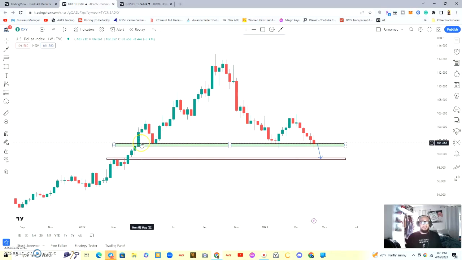So right now the dollar is at a tight support, and we have 1, 2, 3, 4, 5 weeks of a sell-off. More than that, 6. This candle also is a sell-off, and this candle. So we got 7 weeks. That's almost 2 months of the dollar just going down.